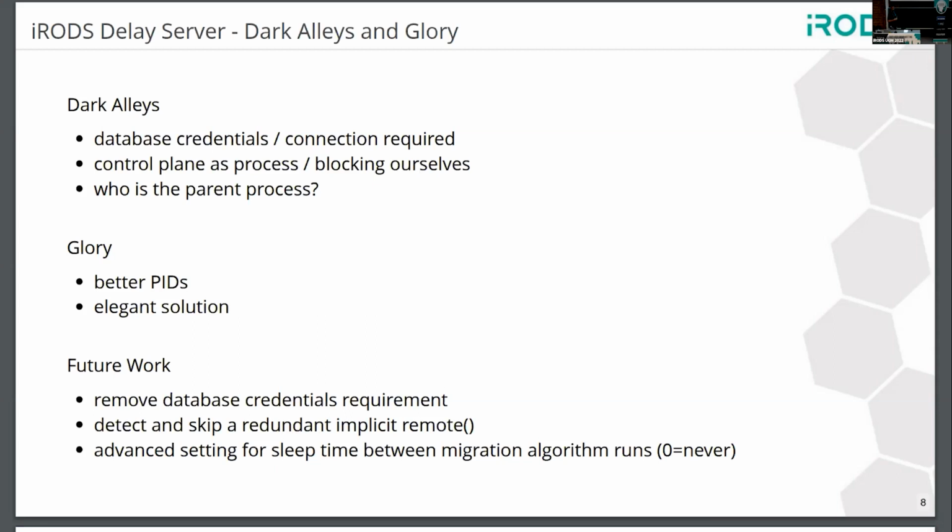We also need to measure and spend time deciding what the effects are of all these servers asking this question. We also want to detect and skip a redundant implicit remote. And those are mostly the biggest challenges that we experienced during the process of implementing this algorithm.